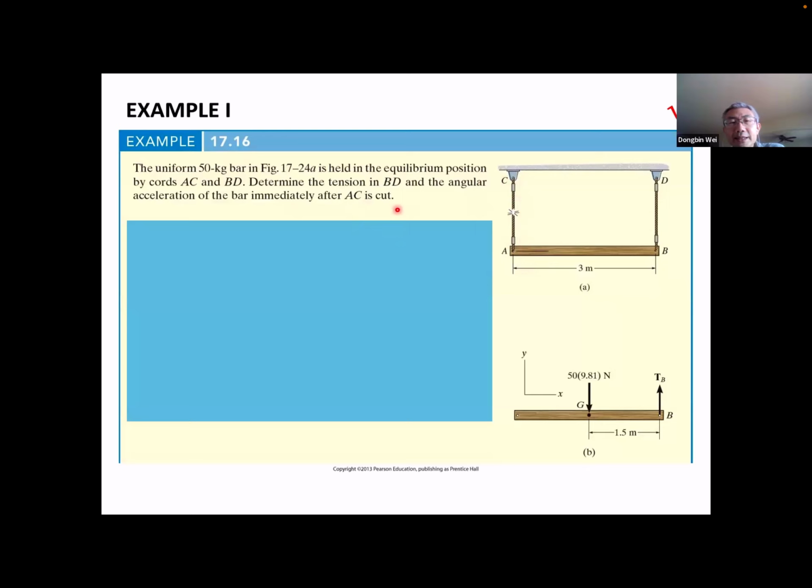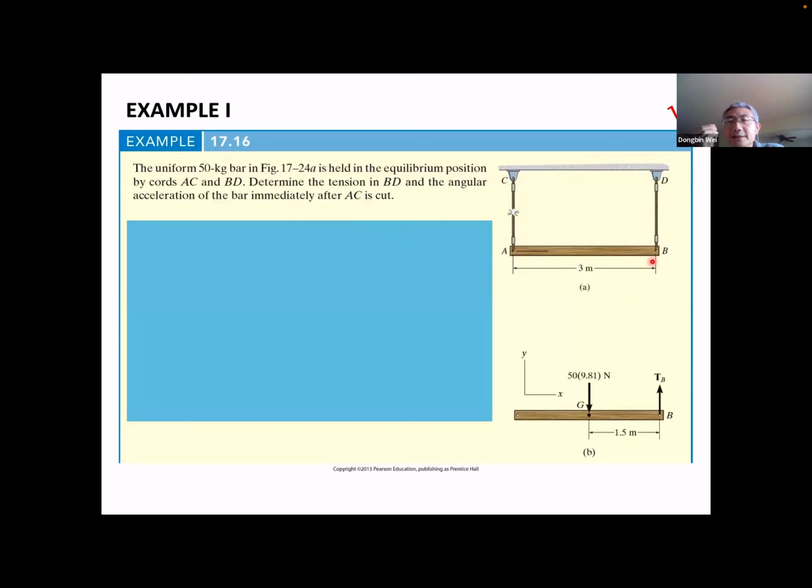Immediately after AC is cut, this means we will be focusing on an instant, and at that instant we already have an acceleration on this bar AB, but at this instant the velocity of bar AB is still 0.